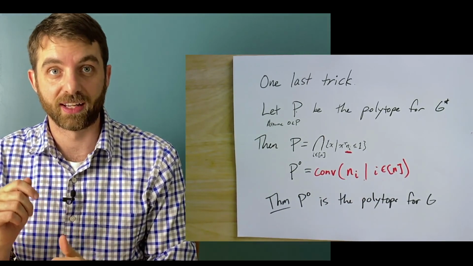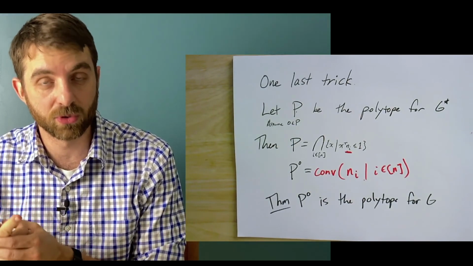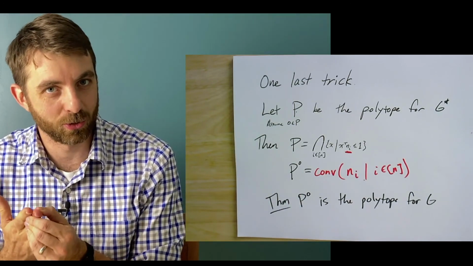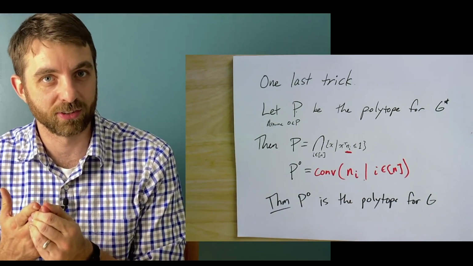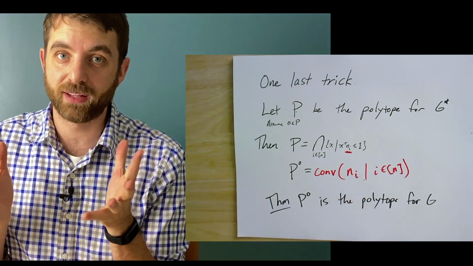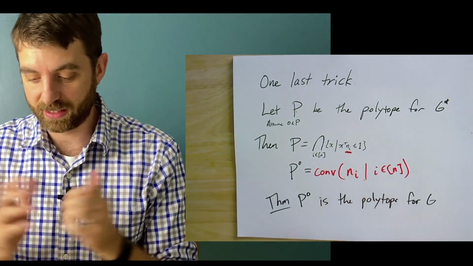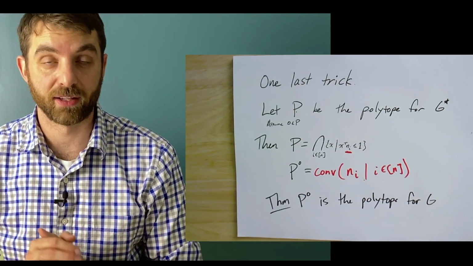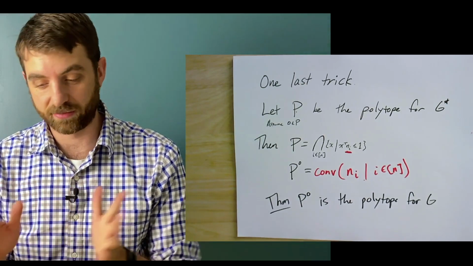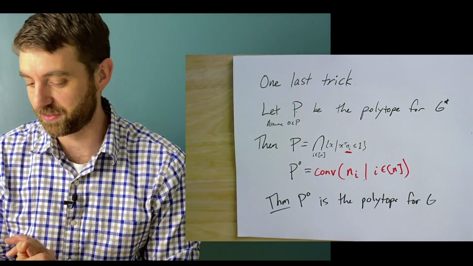So now I have a third step in my algorithm. If I don't have a triangle, I take the dual, I embed the dual graph with the triangle as the outer face using Tutte's algorithm. Then I use the Maxwell-Cremona Correspondence to lift that to a polytope, and then I take its polar in order to get a nice realization of the polytope for G. Okay, so this is a direct, well, mostly direct constructive proof of Steinitz's theorem.